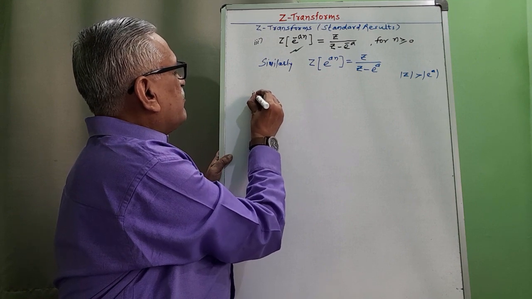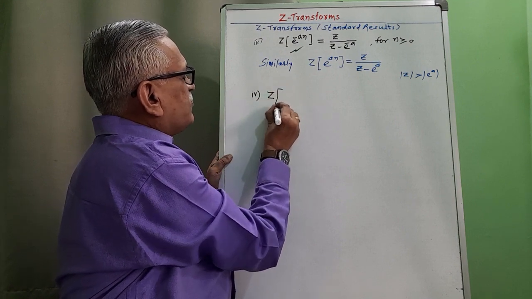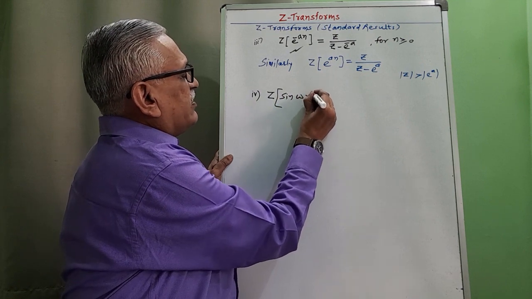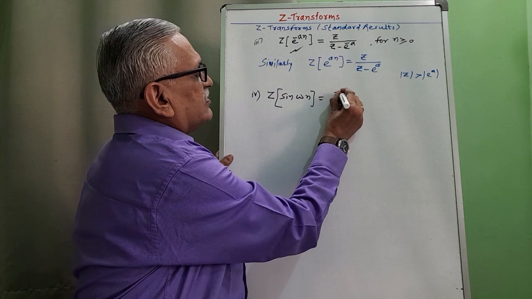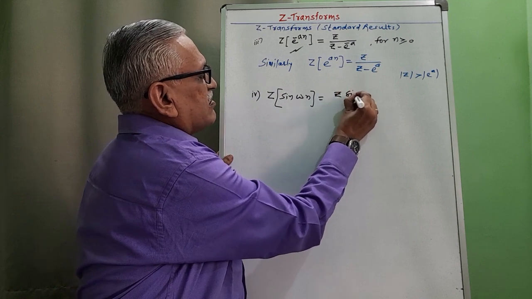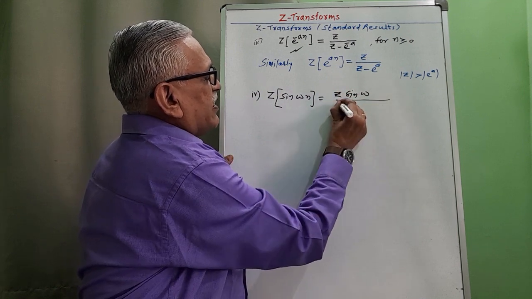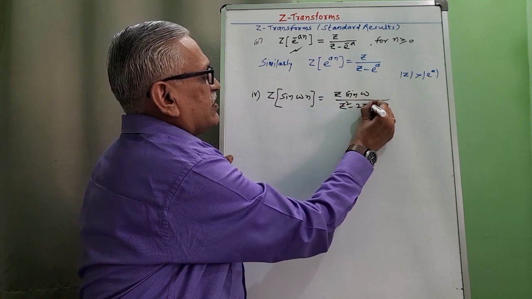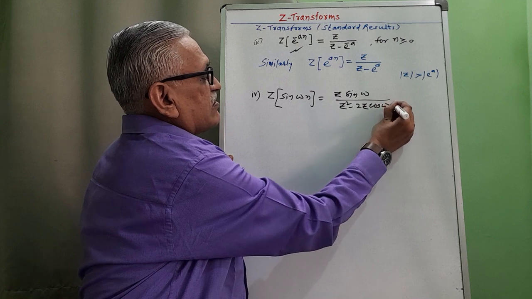Then result number 4: Z transform of sine omega n is z sine omega divided by z square minus 2z cos omega plus 1.